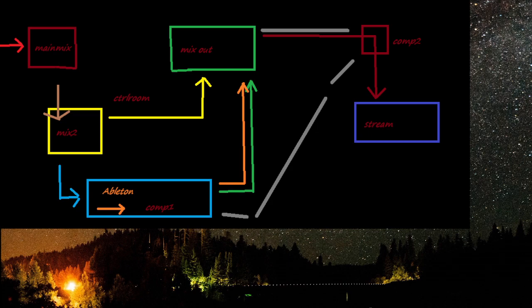So the output of this third main mix out is going to have this computer stuff playing. And let me think here. I don't want to go that route yet because let's see.